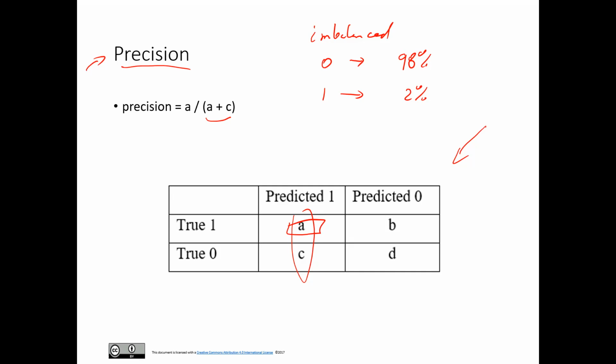So out of all the ones that it predicted as 1, how many of them were actually 1? That is a better metric in terms of what you might want there, because it's looking at out of all the predicted ones, you'll want a high number there for A.